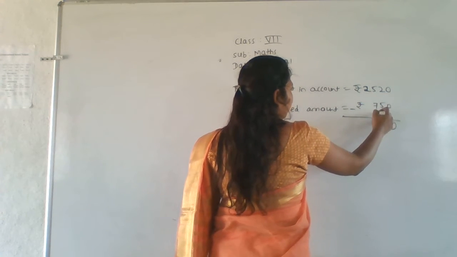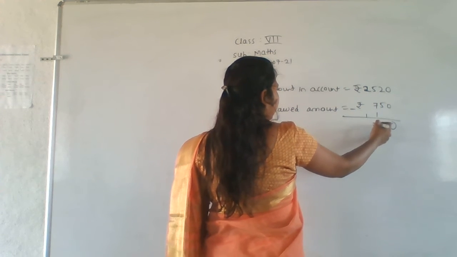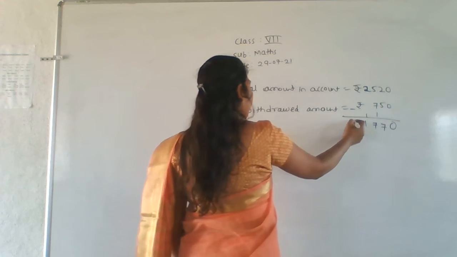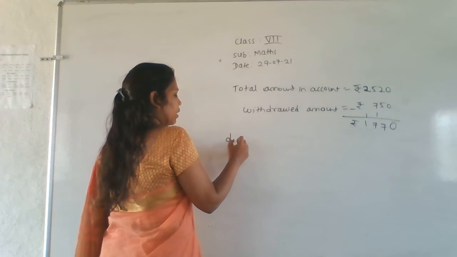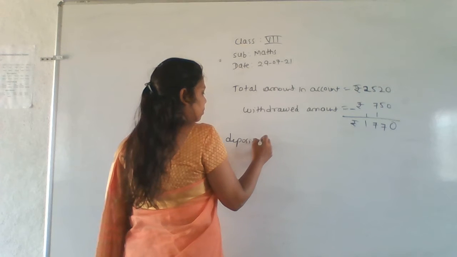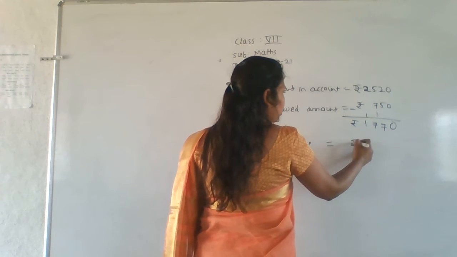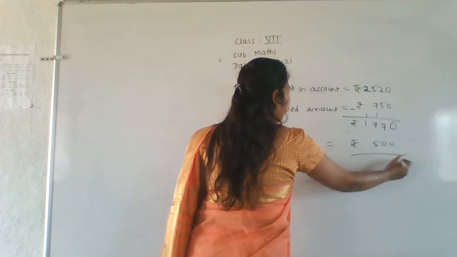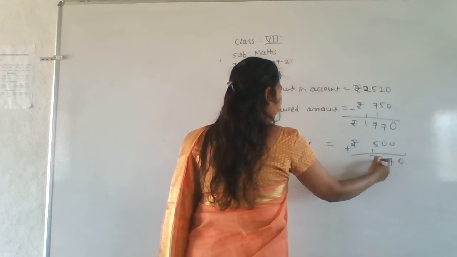So 12 minus 5 will be 7. 15 minus 8 is 7 here. 2 minus 1 is 1. This much amount is there now. Now, again deposited money is rupees 500. Now add these values. So 7 here, 12 and 2.